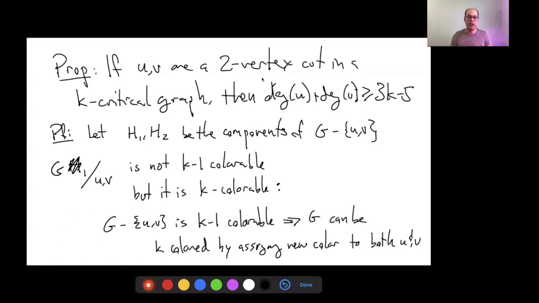And so therefore, you get a way of coloring G where u and v both are assigned the same color. But a coloring of G where u and v have the same color is really a coloring of what happens when you identify those 2 vertices together. And in particular, you get a coloring of the subgraph where those vertices are identified together.